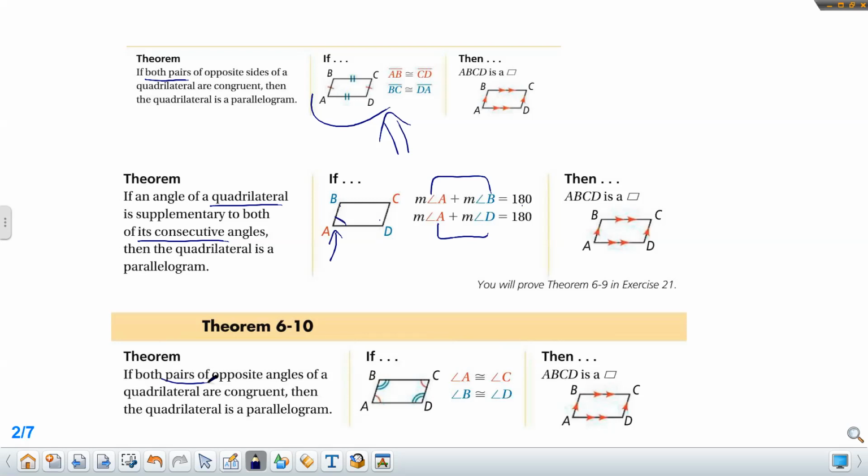For example, if measure angle A equals measure angle C and measure angle B equals measure angle D, then each two opposite angles are congruent, so this quadrilateral is a parallelogram. This is case number 3.